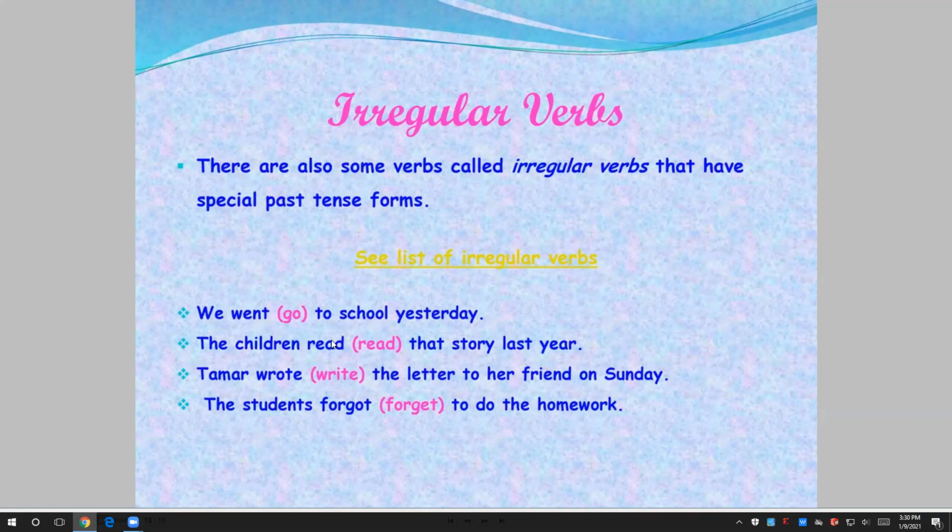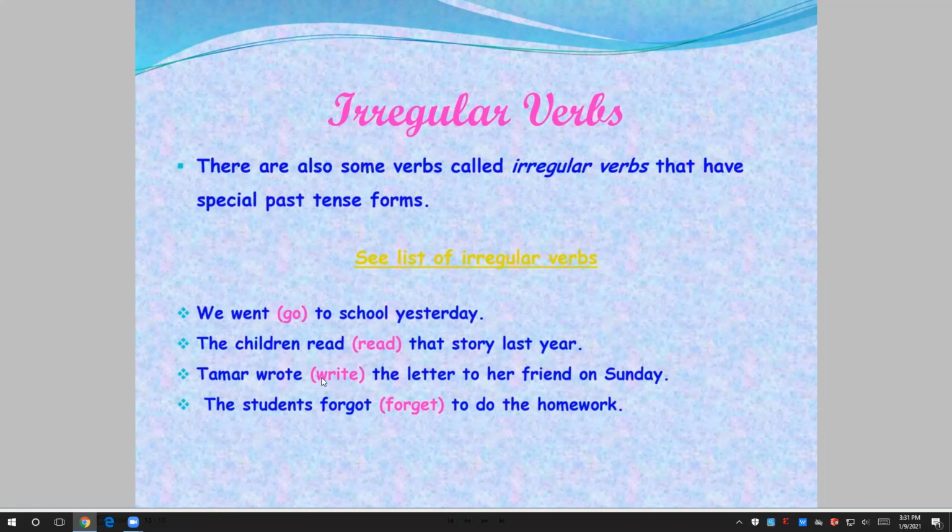The children read that story last year. So in this case the verb is read, but the past and past participle form is the same when you are writing it in spelling, but when you pronounce it, it is read in present, read in past, and read in past participle. So I've read a story. They read that story last year.